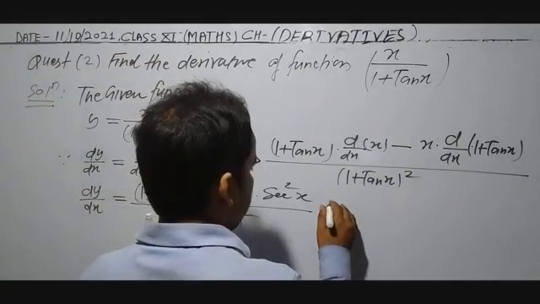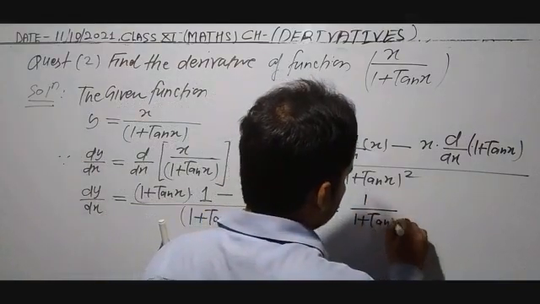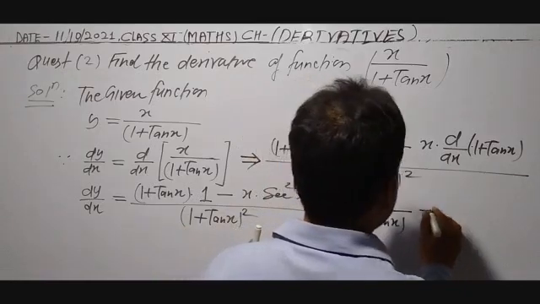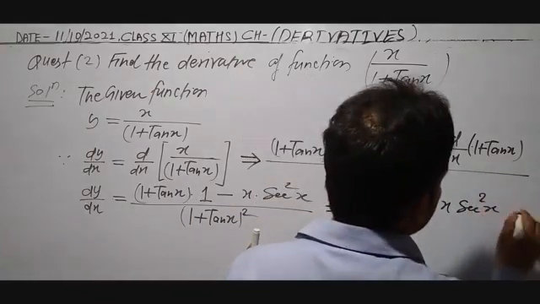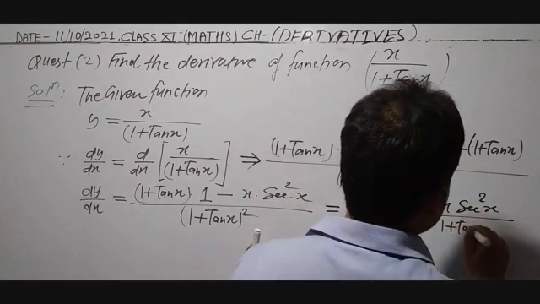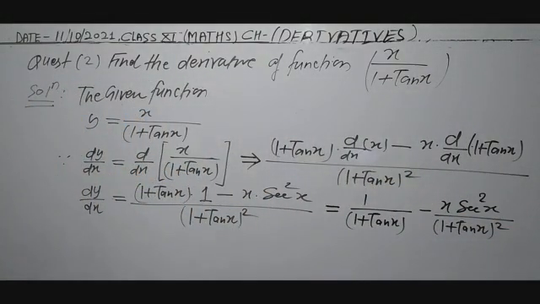This will be 1 upon 1 plus tan x minus x sec square x whole upon 1 plus tan x whole square, and sec square result you know 1 plus tan square x. So you can change in terms of sec x and tan x. So this will be the answer.